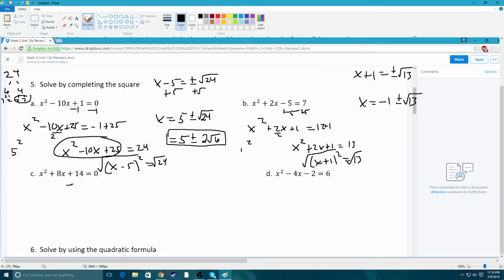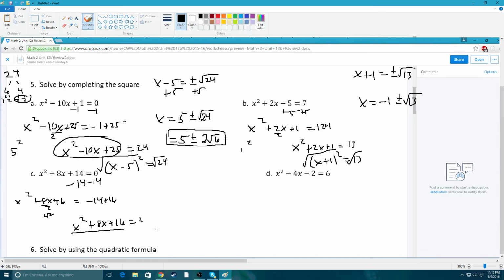C. Subtract 14 from both sides. X squared plus 8x equals negative 14. So cut this in half, you get 4. 4 squared is 16. So you add 16 to both sides. So this becomes x squared plus 8x plus 16 equals 2.